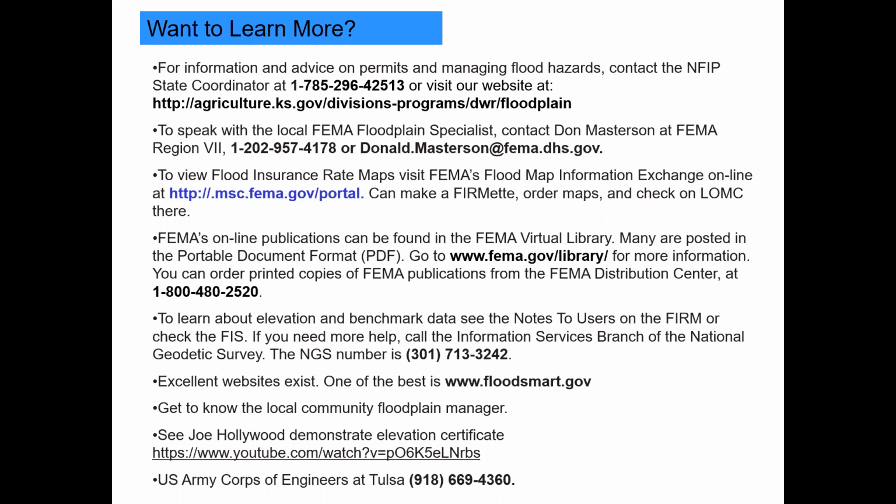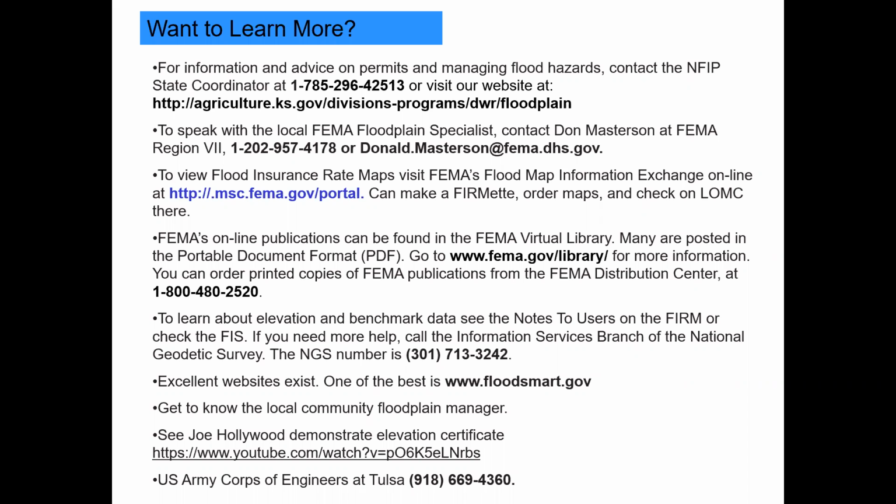There are lots of FEMA online publications, and I know I mentioned some of them being outdated, some of them are not. If you need any type of reference material from FEMA, I'm happy to help find the appropriate resource for that. The NGS benchmark stuff, if you have questions about benchmarks, that would be who to contact for sure.